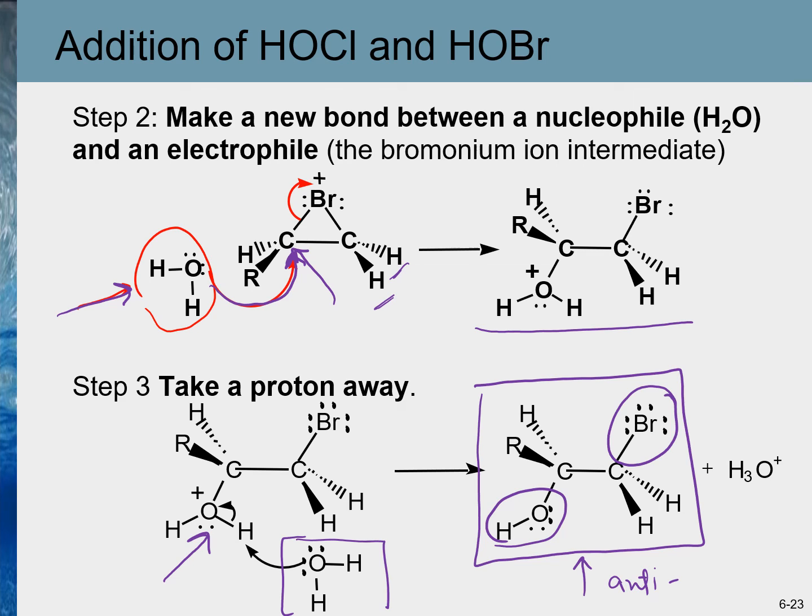However, experimentally, it has been found that in step number 2, the nucleophile attacks the more substituted carbon atom of the bridged intermediate. So this carbon. This preferential attack at the more substituted carbon atom can be explained by a combination of two factors working together, and those factors are listed in the following slide.